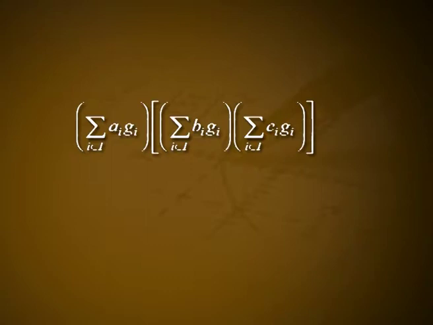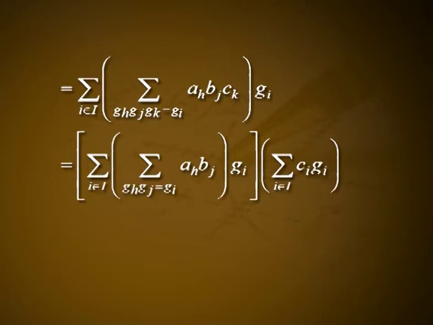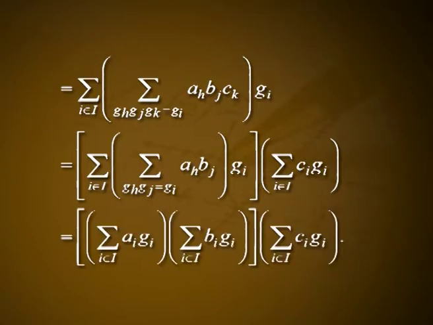For the associativity of multiplication, (Σ a_i g_i · Σ b_i g_i) · Σ c_i g_i equals Σ a_i g_i · (Σ (Σ_{g_j g_k = g_i} b_j c_k) g_i), which is equal to Σ (Σ_{g_h g_j g_k = g_i} a_h b_j c_k) g_i, which is equal to (Σ (Σ_{g_h g_j = g_i} a_h b_j) g_i) · Σ c_i g_i, which is equal to (Σ a_i g_i · Σ b_i g_i) · Σ c_i g_i. This completes the proof of the theorem.